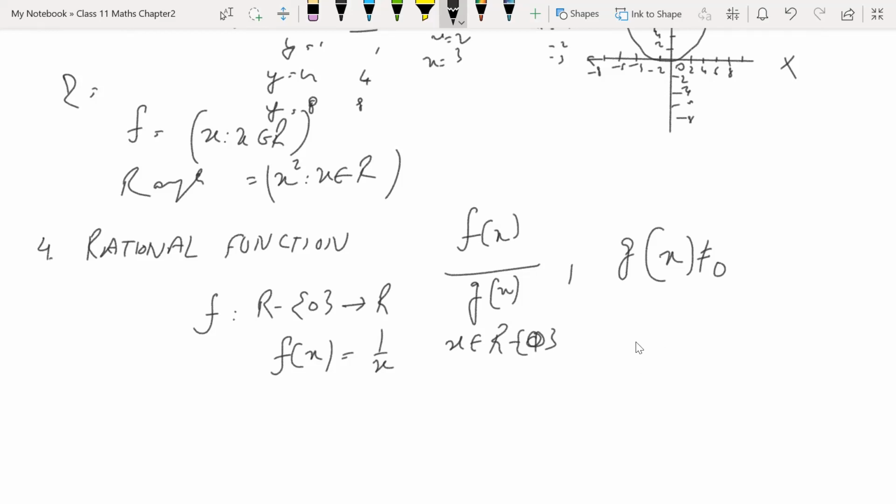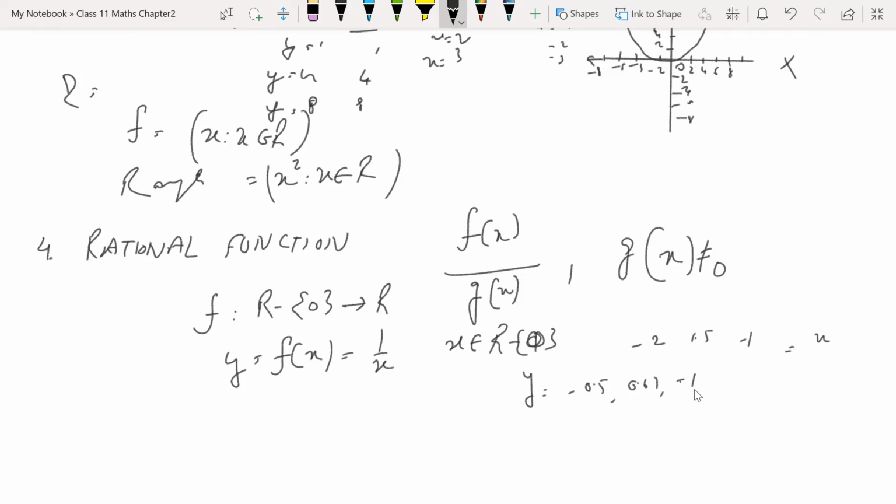So if you have the values minus 2, 1.5 and 1, this is the x value, then what would be the f(x)? Or we can say y. 1 by x means 1 by minus 2, it is minus 0.5. 1 by 1.5 is 10 by 15 or 2 by 3, or it may be 0.67. And if it is minus 1, then it would be minus 1. So those are the values.